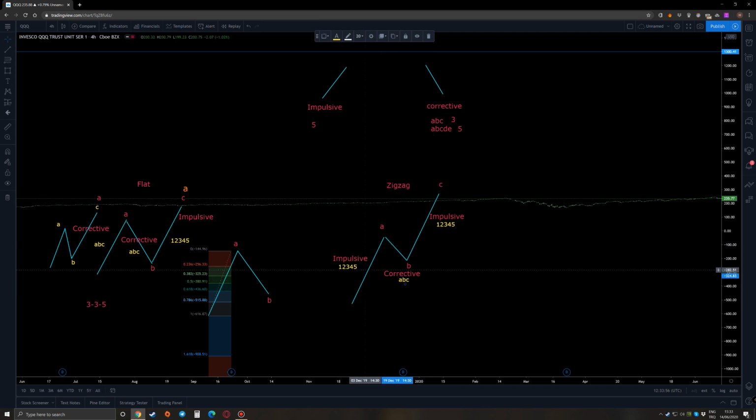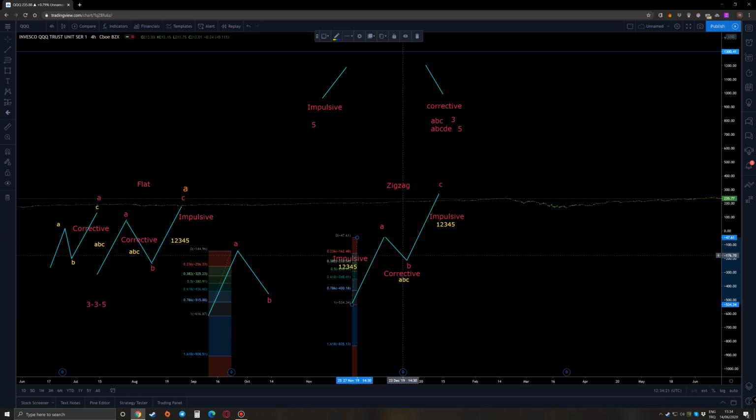Now, the distinguishing, the most important rule after the structure for zigzag is the retracement of wave B. Now, you take Fibonacci of wave A, and this wave B has to end below 618, so it has to be smaller than 618.